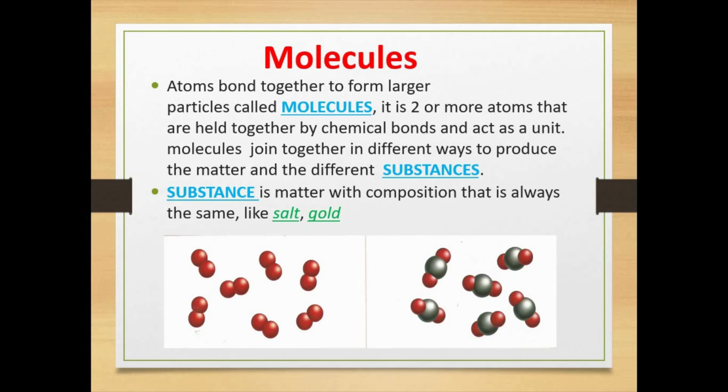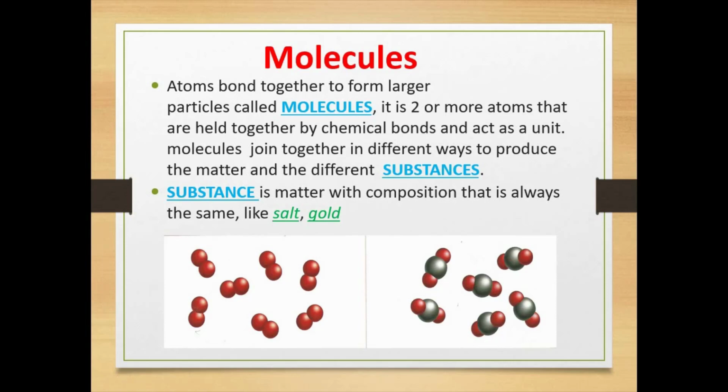If I'm considering oxygen, O2, like here, with two atoms of oxygen attached together by a chemical bond, we call this a molecule. It exists like this because oxygen is so active, so it reacts and attaches by chemical bond all the time. So this is a molecule.